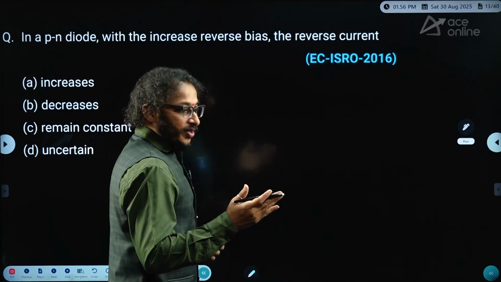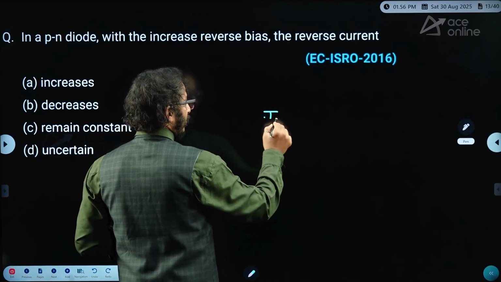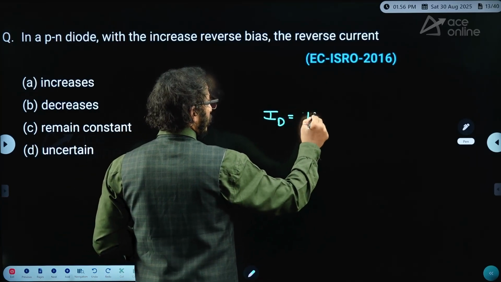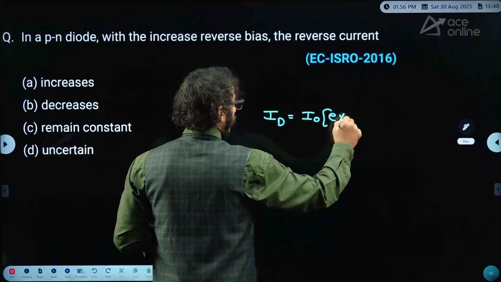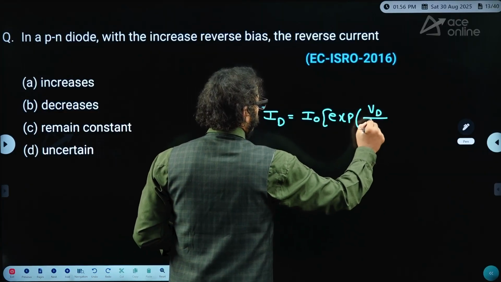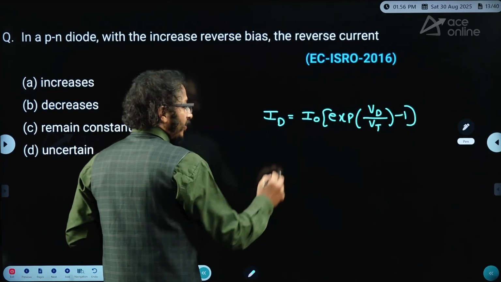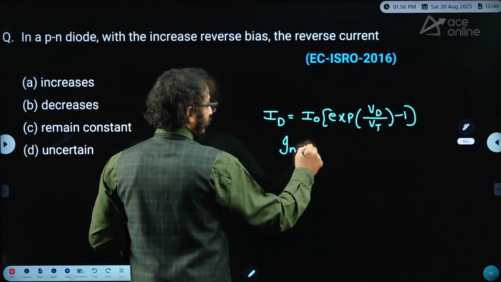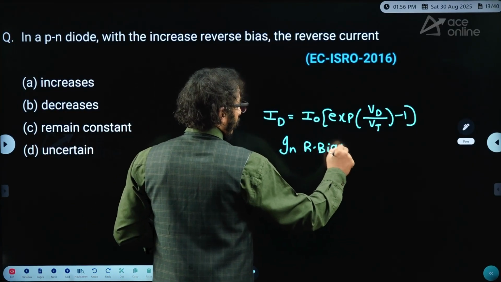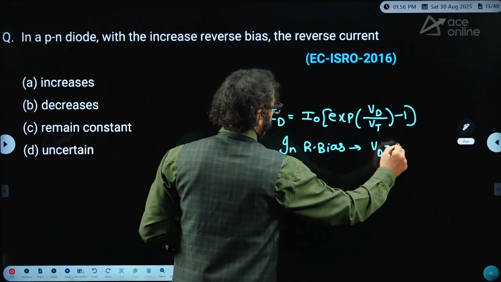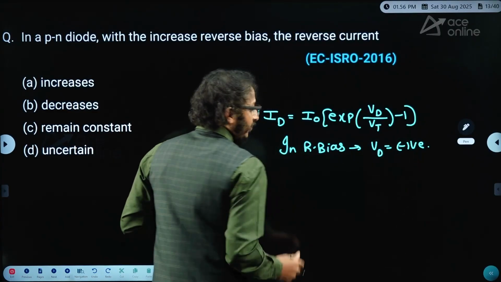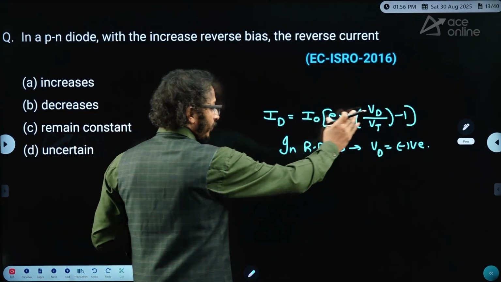Students, for example, I say the diode current ID is equal to I naught times exponential of diode voltage by eta Vt, minus 1. So whenever I say in reverse bias the diode voltage is negative, then I understand initially it will be an exponential decay.